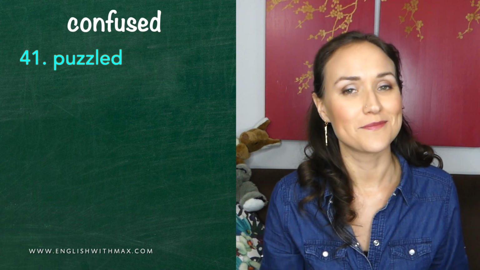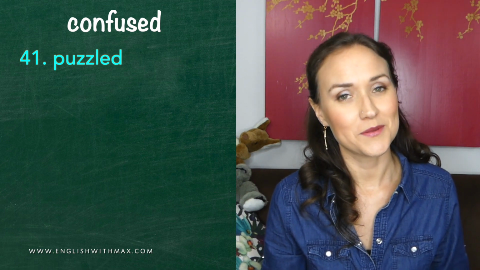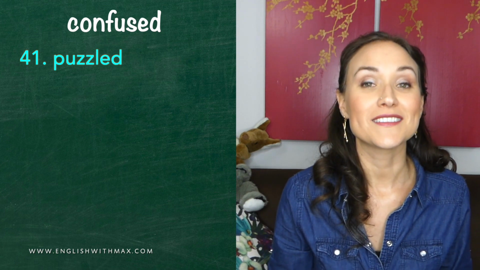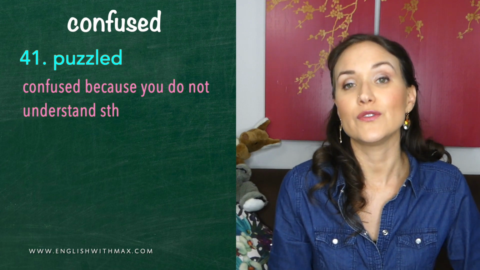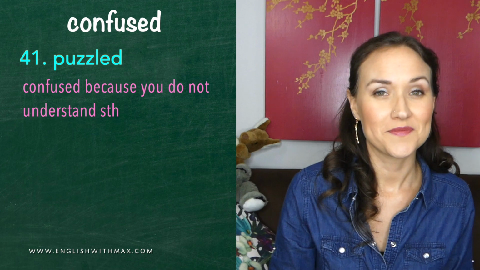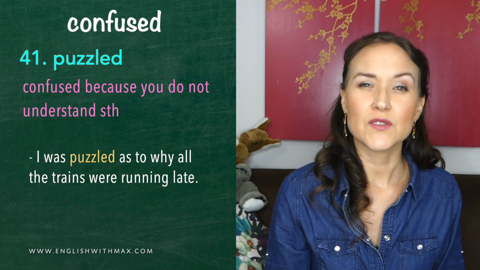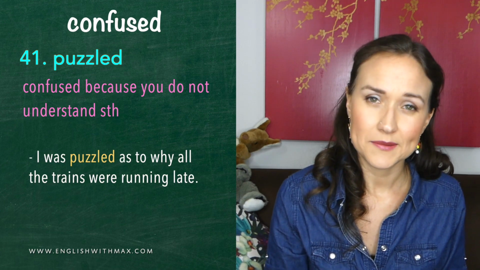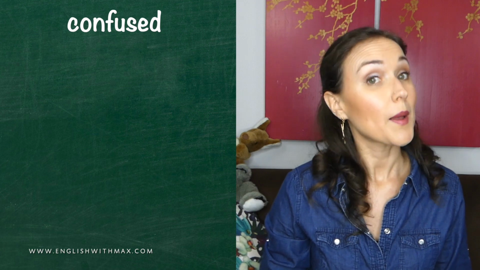Let's now look at a few words for confused. First we have puzzled. Puzzled. This means confused because you do not understand something. For example, I was puzzled as to why all the trains were running late. A similar word is perplexed.